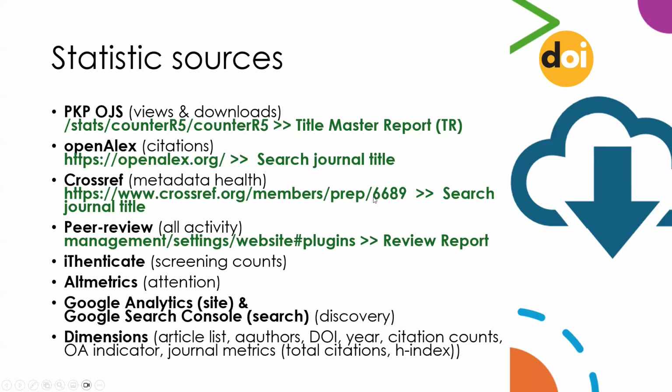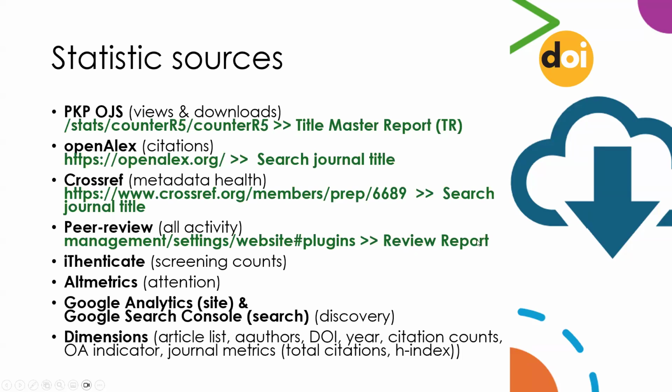So you would replace the 6689, which is the ASAF member number, the Crossref member number, with your member number, and then search for the journal title. Peer review, should you want to report on that activity, go to a plugin, a specific plugin, and then choose review report. You will not be asked to enter a specific date.